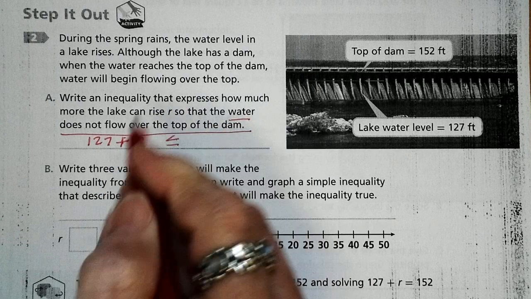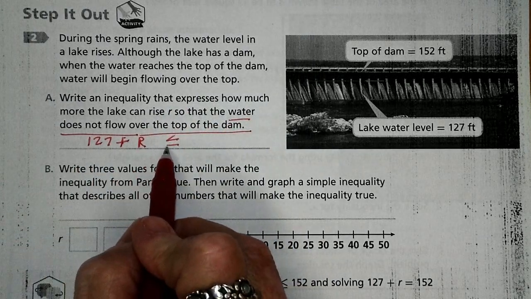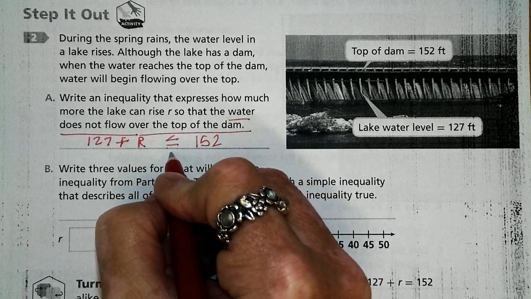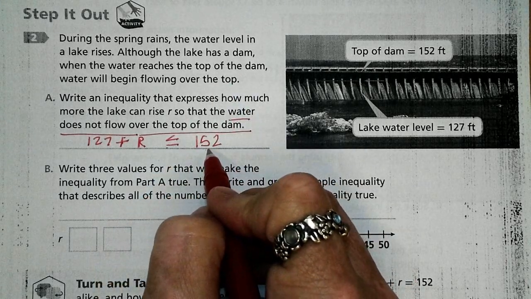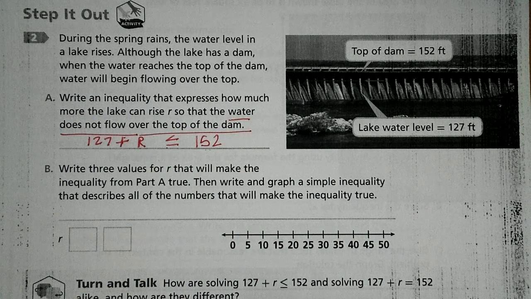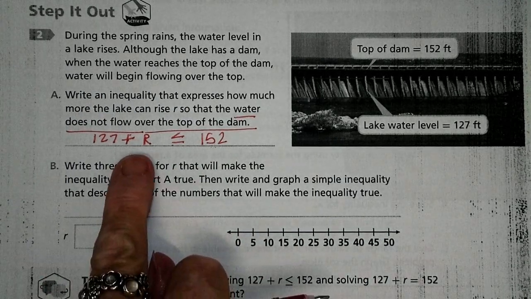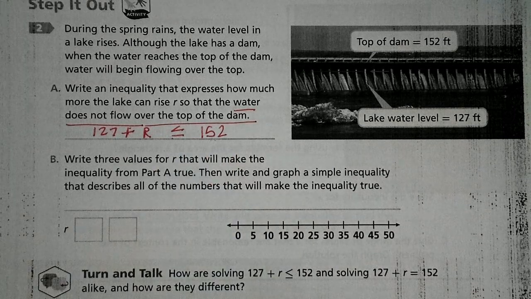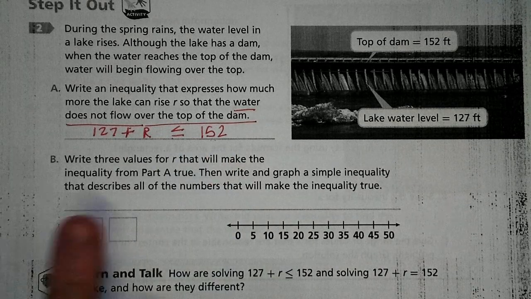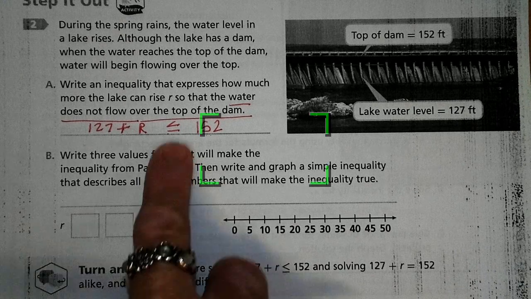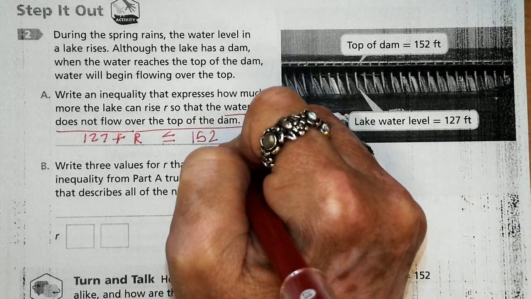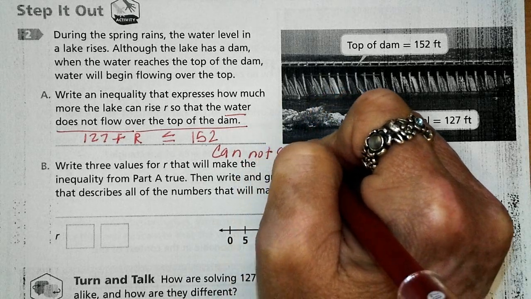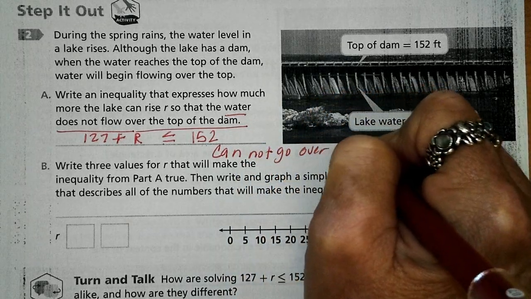But this has to be less than 152, and it can be greater than. But if it's larger than 152, then it flows over the dam. So whatever I add to it cannot be more than 152. That's why this inequality is there. So we'll write that. Can not go over 152.